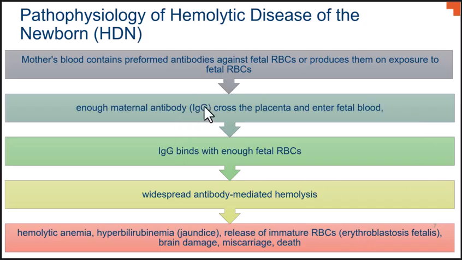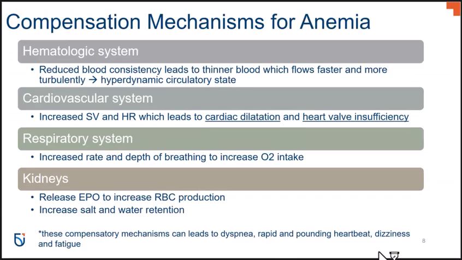The specific antibody is immunoglobulin G that binds to the baby's red blood cells, leading to widespread hemolysis. And the only other thing to mention here is that because there are not enough healthy red blood cells, since they've been attacked by the mother's antibodies, the baby's bone marrow will start to release immature red blood cells, so those are commonly seen within the blood.